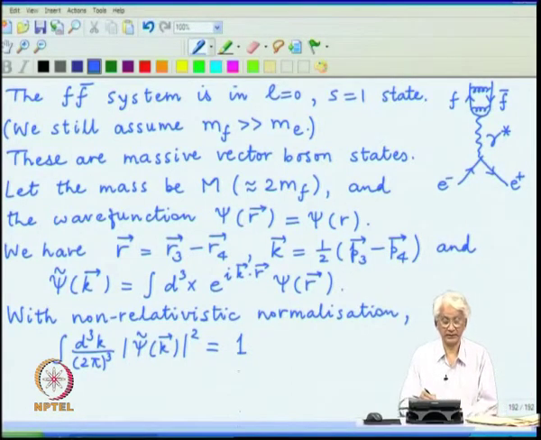In relativistic normalization, this was proportional to energy, and we are going to use a different convention. One has to check that all these conventions are accompanied by appropriate factors of volume, the box normalization which we had used earlier for plane waves versus this overall normalization which corresponds to a bound state, and once that is done consistently, all the factors of the box normalization have to cancel out of the final formula.